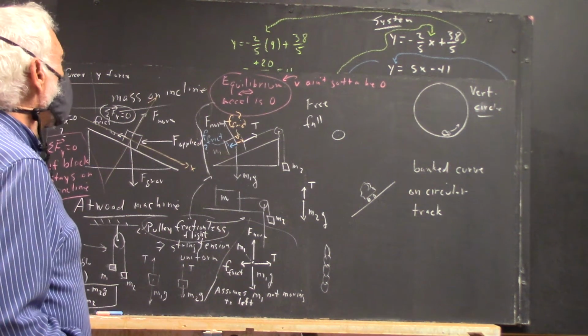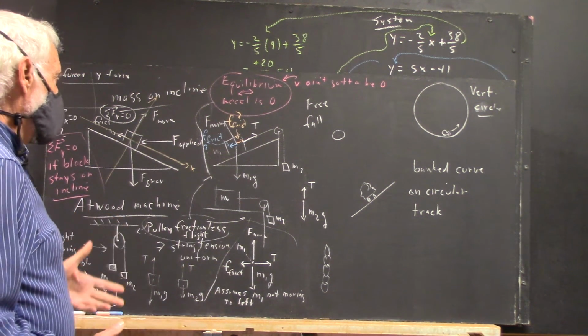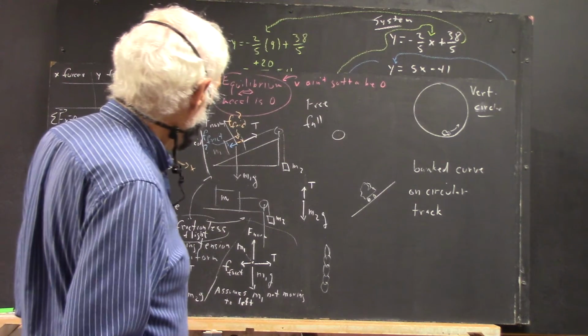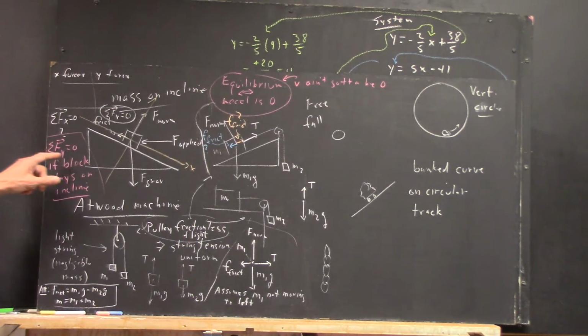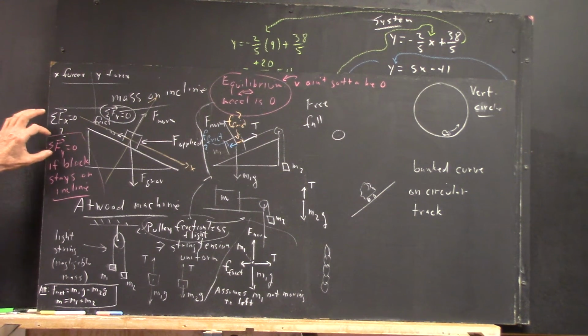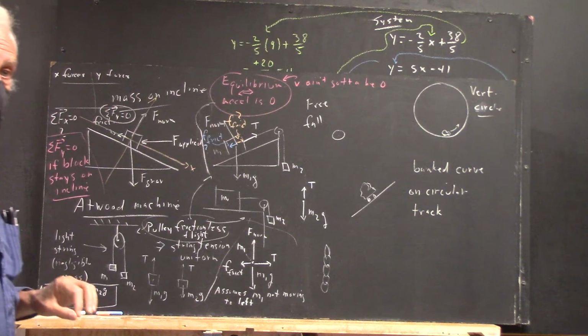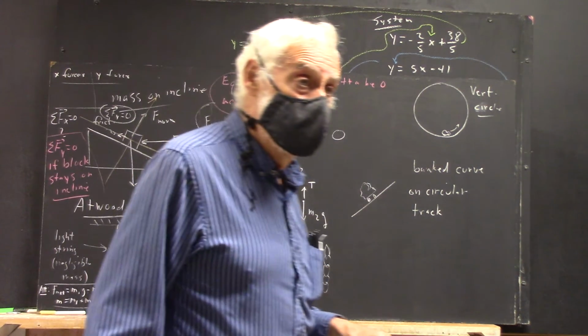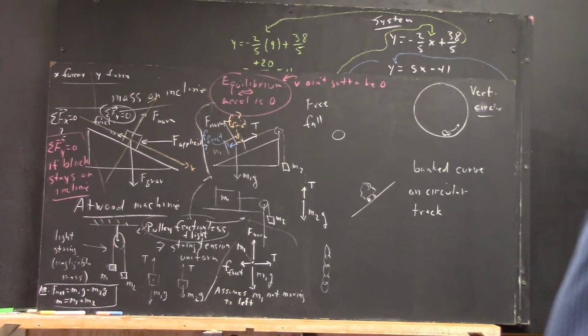Okay. Another bit of extraneous information, I'll just say it now, but I'll write it down and say it again. This is the equation you always want to write. Okay, not necessarily sum of the y forces is zero, but just sum of the forces is zero if the thing is in equilibrium. You don't have to say these forces are equal to these forces, or equal and opposite to these forces.